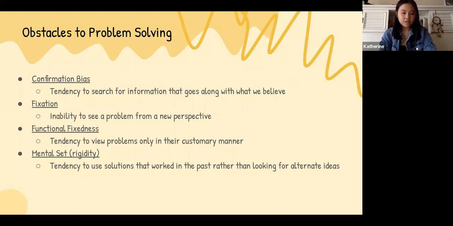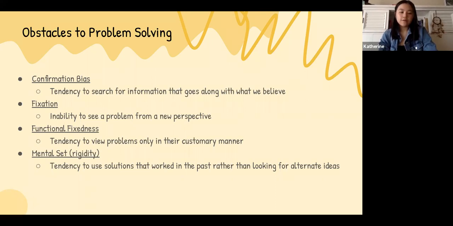And then we have fixation. So this is the inability to see a problem from a new perspective. For example, if you see a door that says pull, but you don't see it and you're just pushing the door and you're not actually trying to see if there's any other way to open a door, you're just pushing the door. So you are fixated on that problem in one specific way. And then we have functional fixedness. This is the tendency to view problems only in their customary manner.